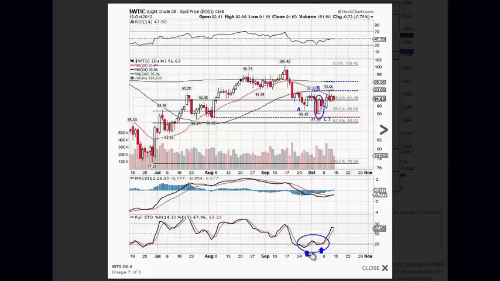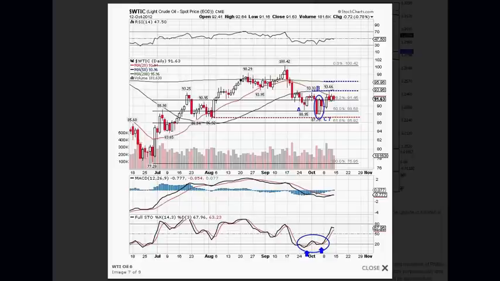Also on stochastics, we have a creation of a higher low, which is a confirmation of a possible reversal or maybe a trend change as well. The only thing is the stochastics moved from oversold to quite high, almost overbought, very, very quickly in a short period of time. RSI is neutral and curling down, so it can play both ways.